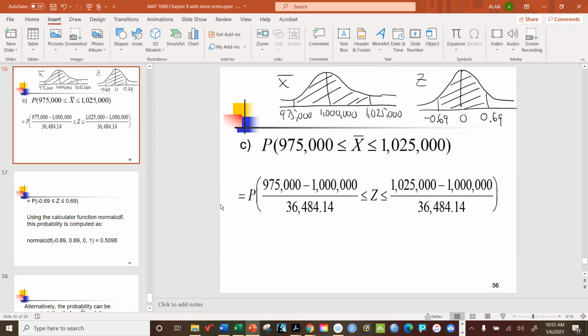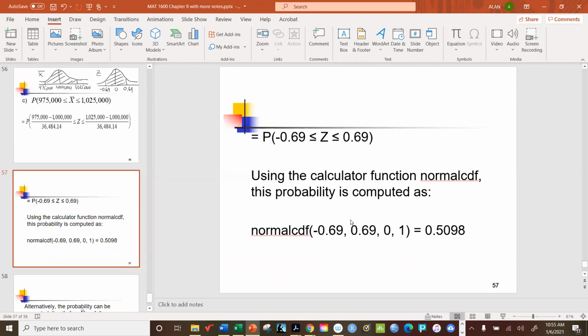All right, so as usual, there's multiple ways of doing this. We can use the z-scores with the normal CDF function, and we'll get approximately 51%, 0.5098.